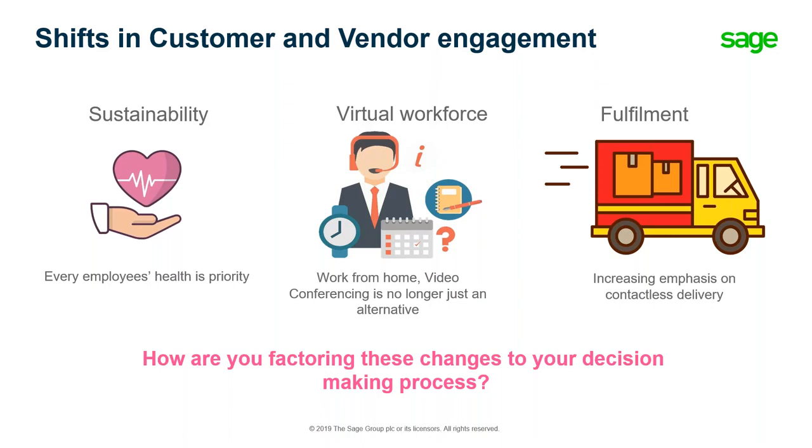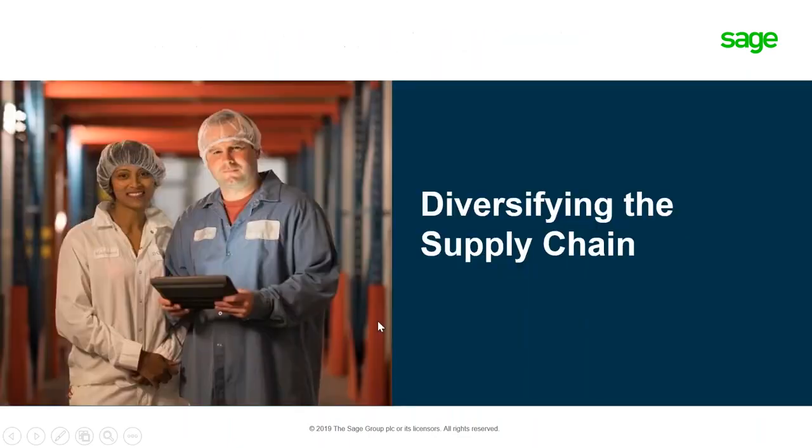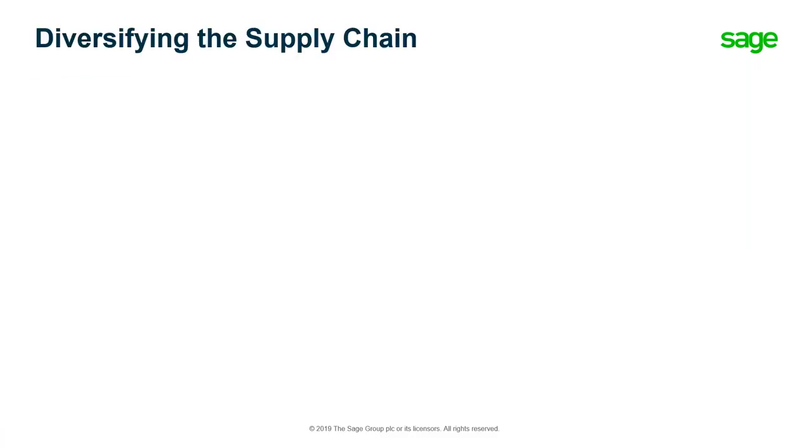And of course, the fulfillment part leads to the next paradigm shift as well. So as we all know, there's a lot of diversification going on in supply chain, and it would actually happen a bit more in the next few months to come, in the next few years to come as a result of this pandemic, right?